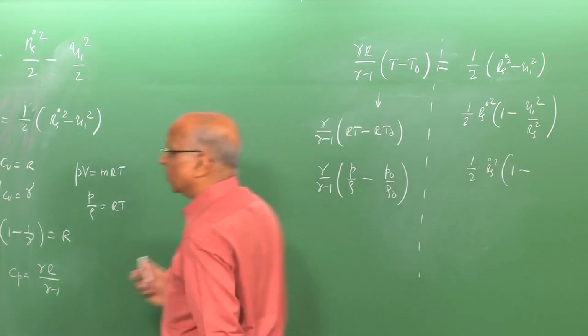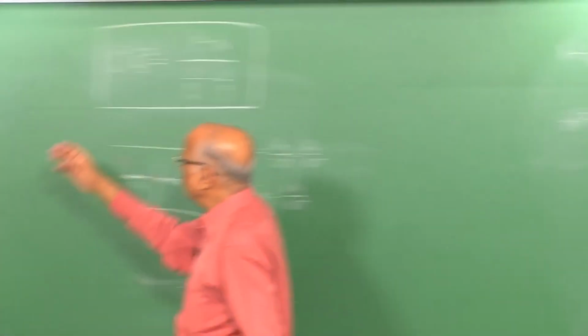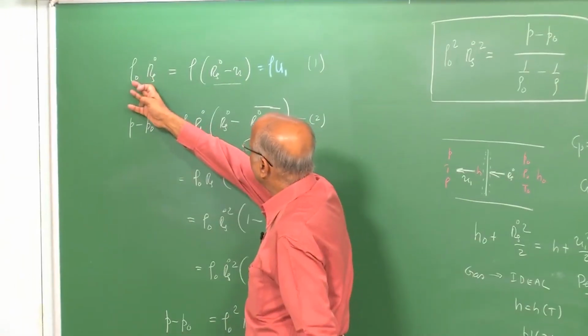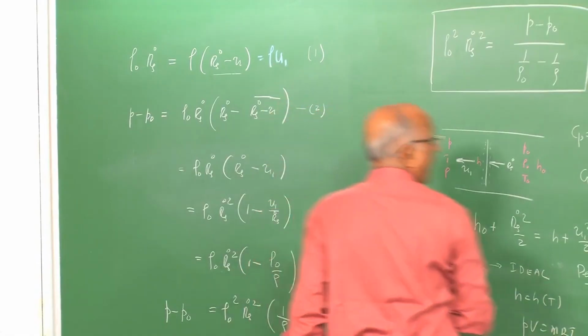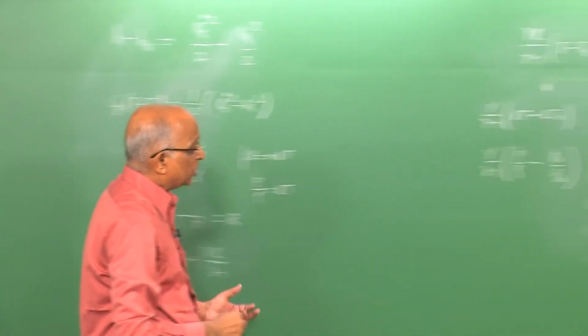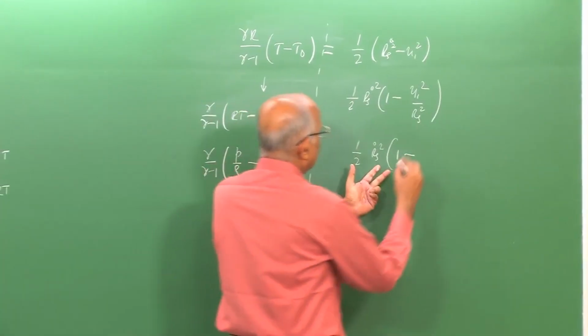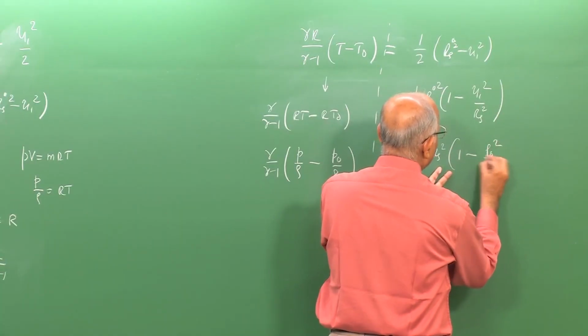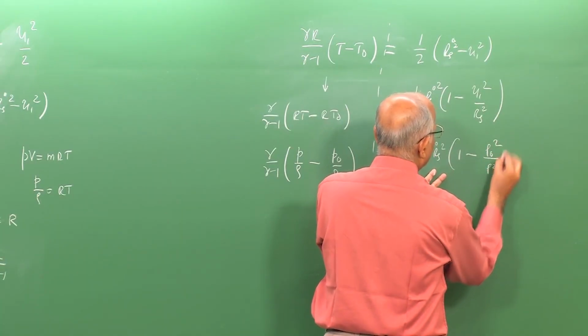From the continuity equation, namely U1 by Rs dot is equal to rho 0 by rho, and therefore, we get the expression coming over here equal to rho 0 square divided by rho square.